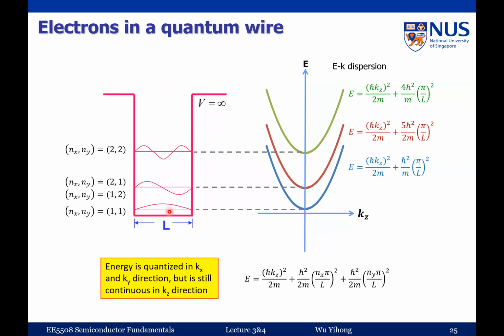The lowest energy will be specified as 1,1, meaning nx is 1 and ny is 1. The next one is interesting, because we have two combinations: nx is 1 and ny is 2, and the other one, nx is 2 and ny is 1. And they both have the same energy.